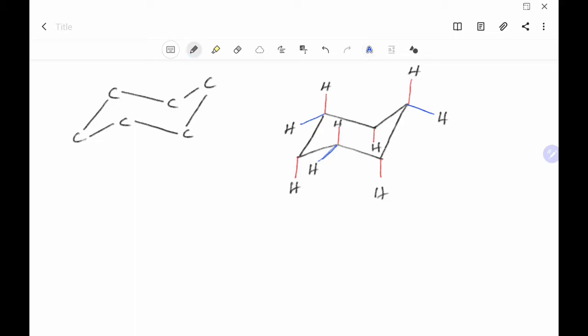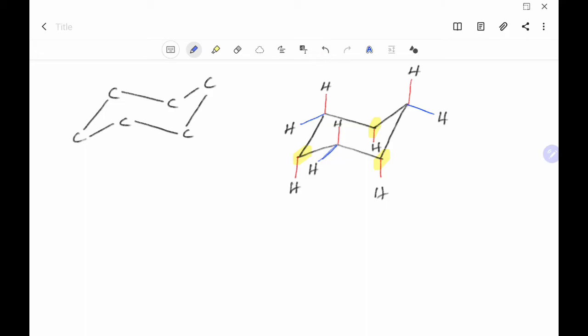Let me use the blue color so that it will be more clear. Then you have three other carbons, this carbon, this carbon, and this carbon. Their vertical bonds are going down. If you take a look at these three carbons, their vertical bonds are going down, so the other remaining carbon hydrogen bond must be going up.